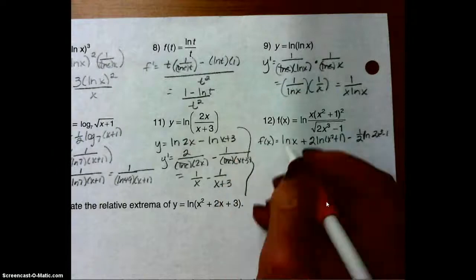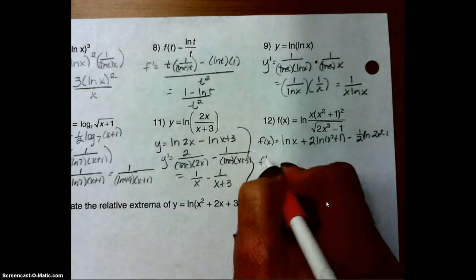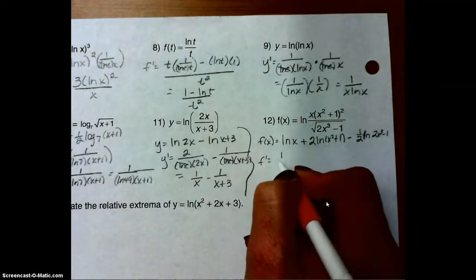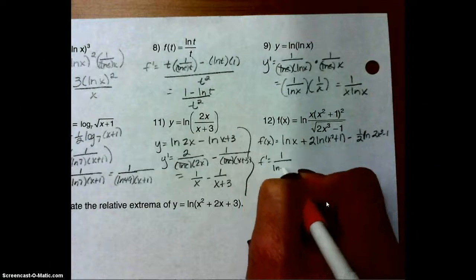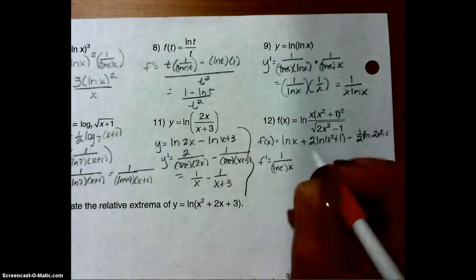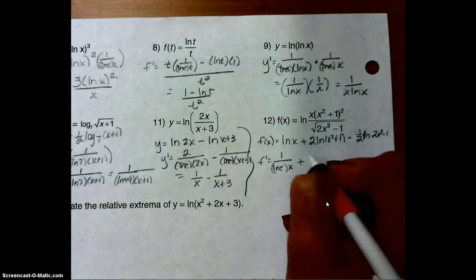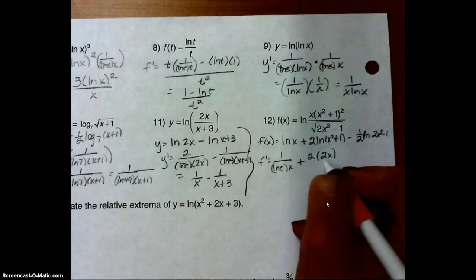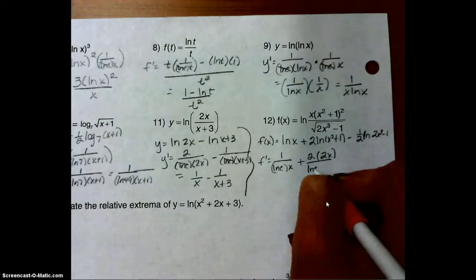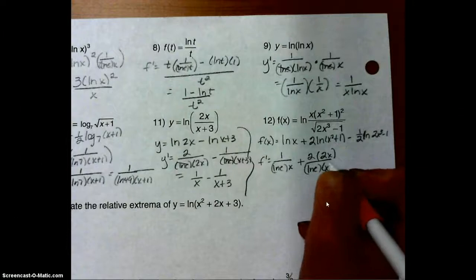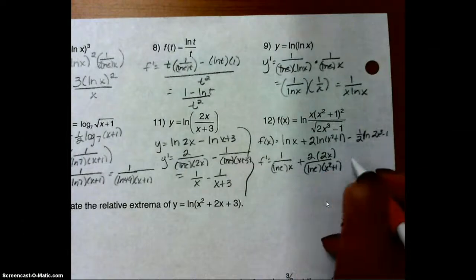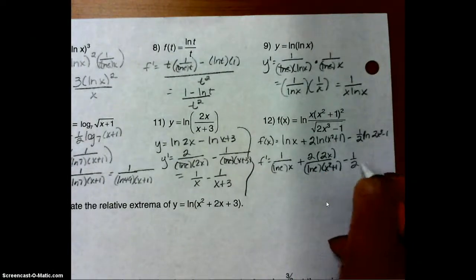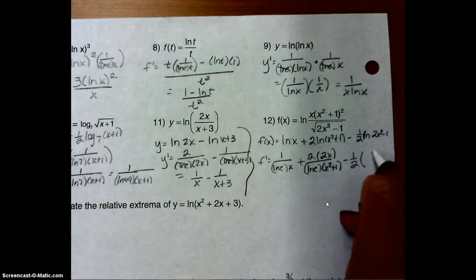Okay, so I take my derivative, I get 1 over ln of e times x plus 2 times the derivative of x squared, which is 2x over ln of e times x squared plus 1, minus 1/2 times 2x cubed minus 1.